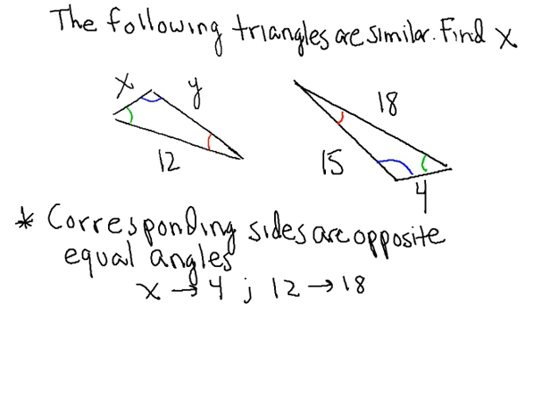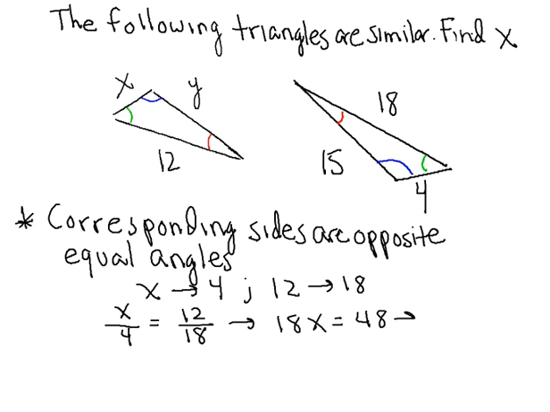So one possible way to set up the proportion would be to write then x over 4 is equal to 12 divided by 18. And if we cross multiply, we will then get 18x is equal to 48.